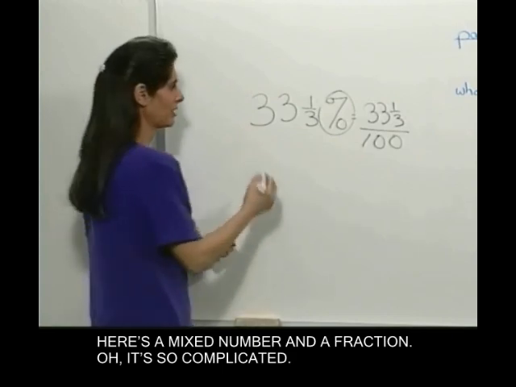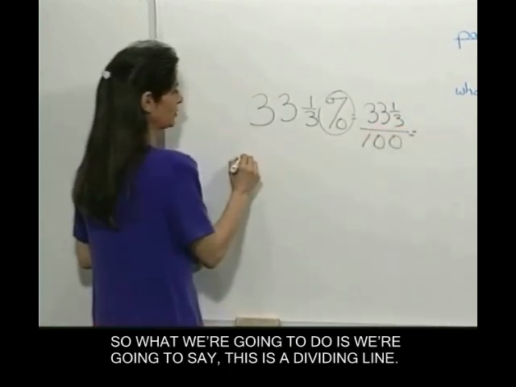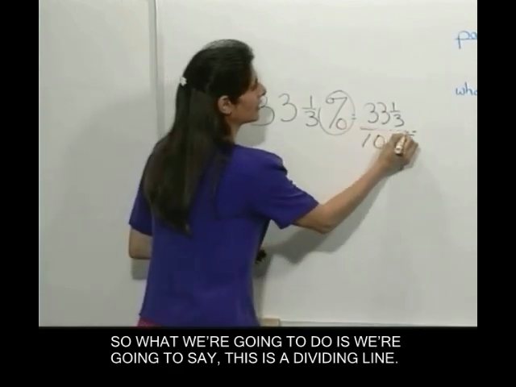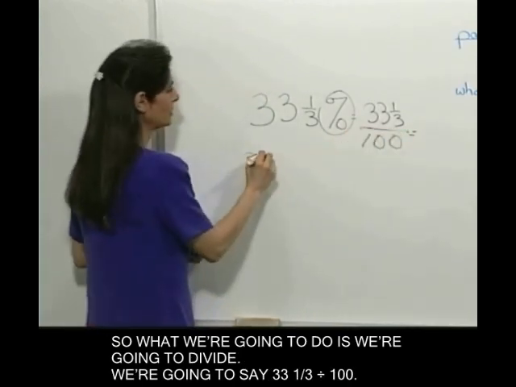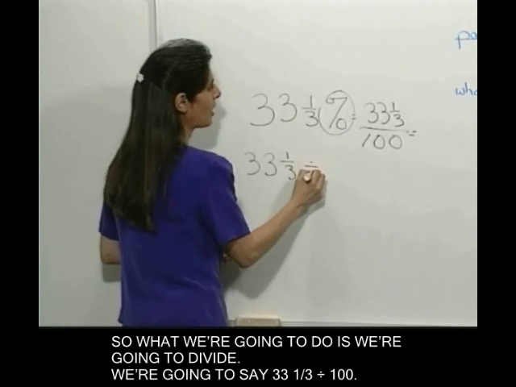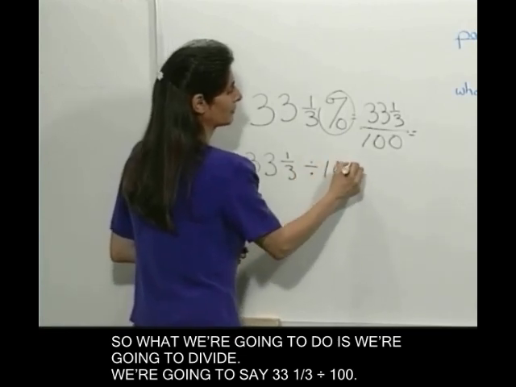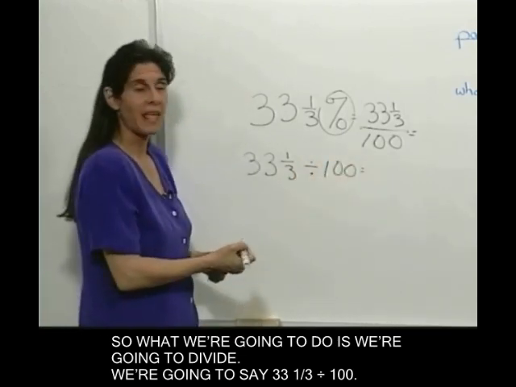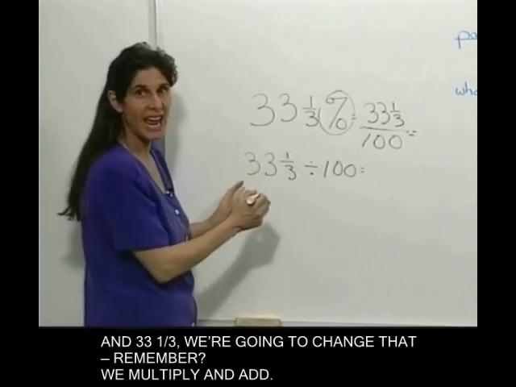Oh, it's so complicated. So what we're going to do is, this is a dividing line, so we're going to divide. We're going to say 33 1/3 divided by 100. And 33 1/3, we're going to change that.